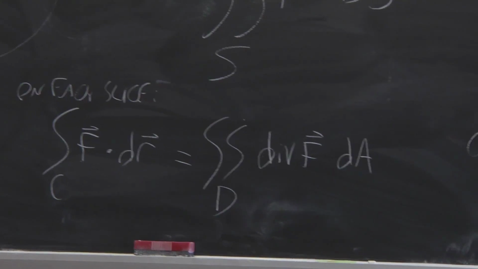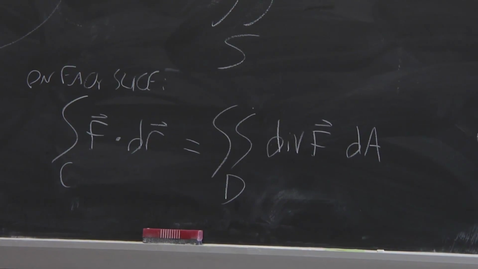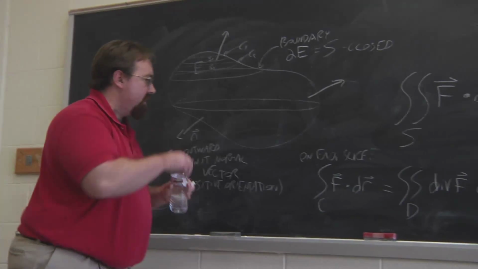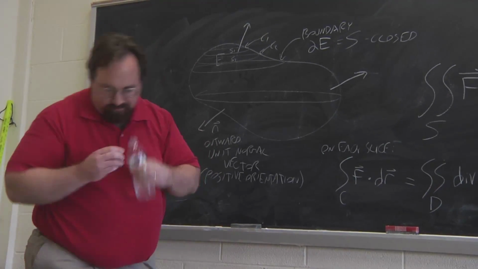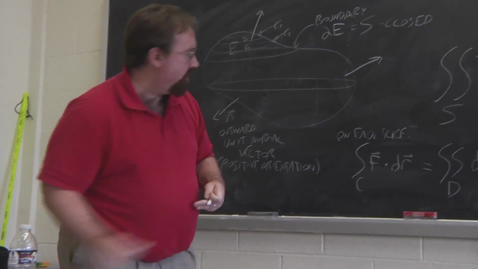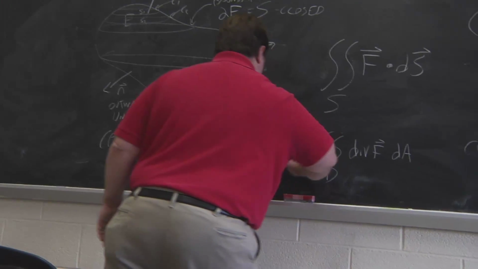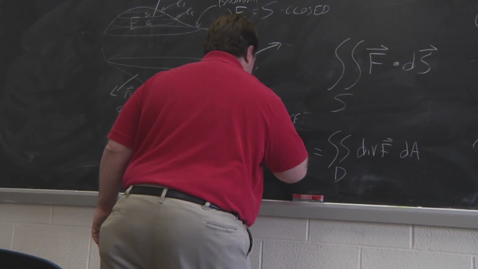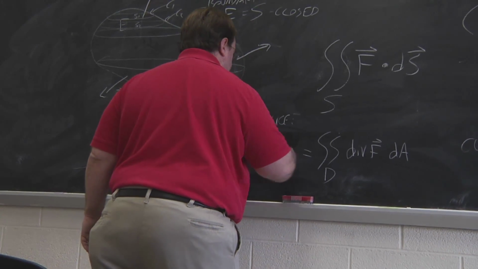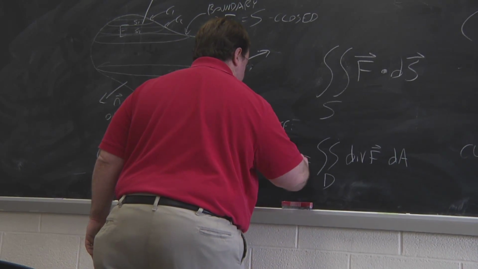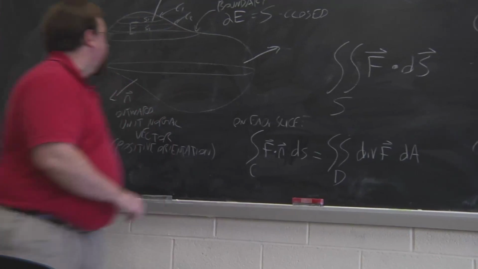Sorry, I messed that up. It's not that line integral, it's this line integral: F dotted with a normal vector ds.